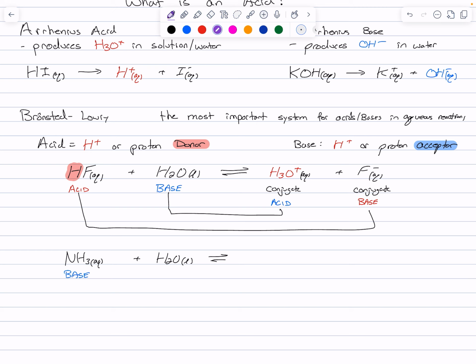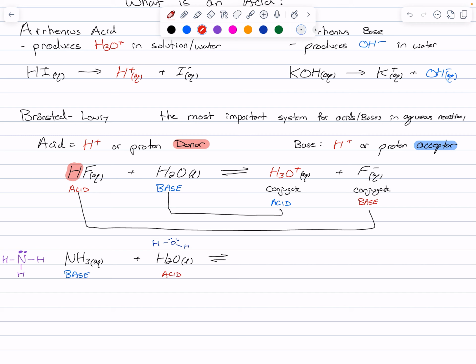Because ammonia, NH3, has that lone pair right there, right? Or water. So water is going to be the acid.